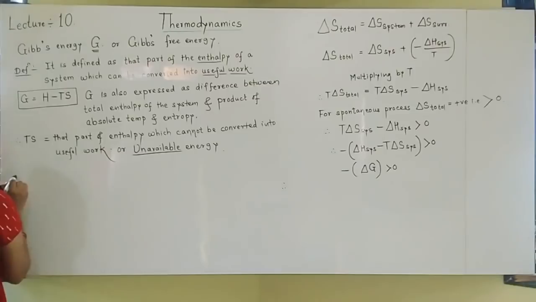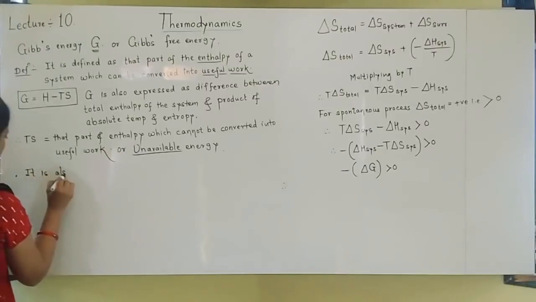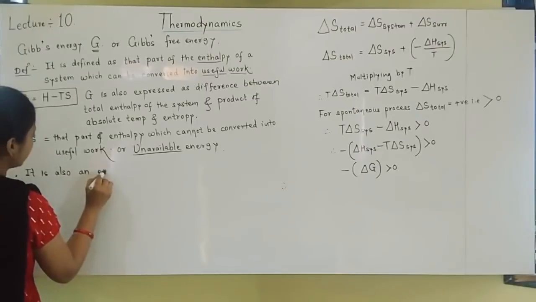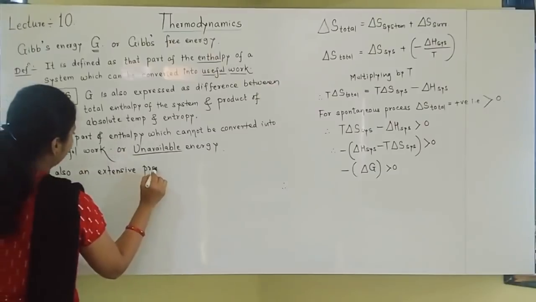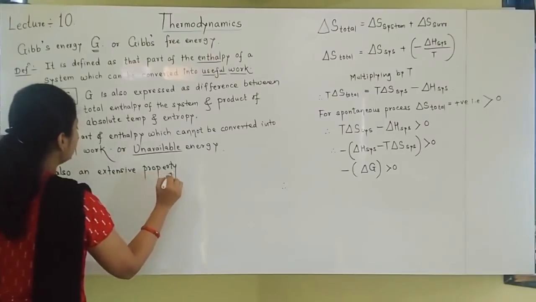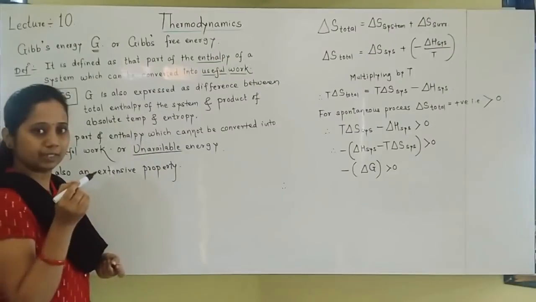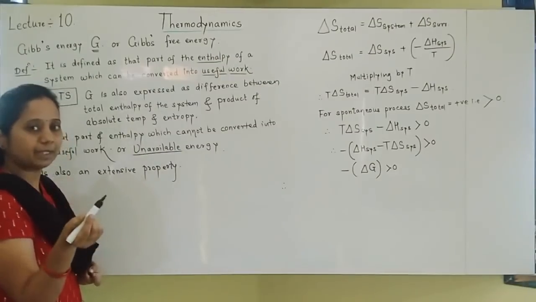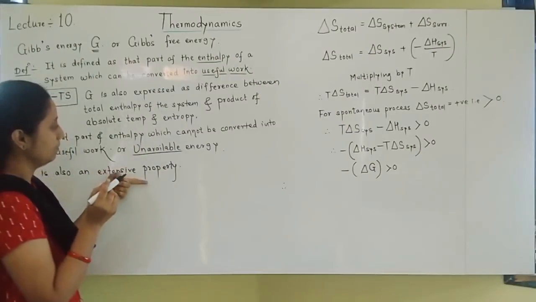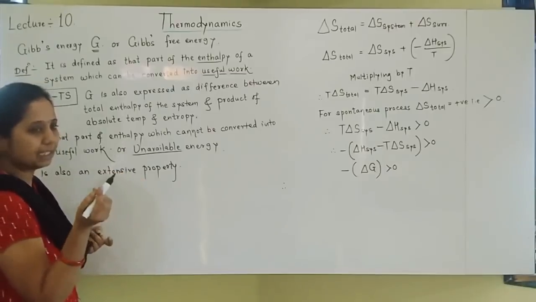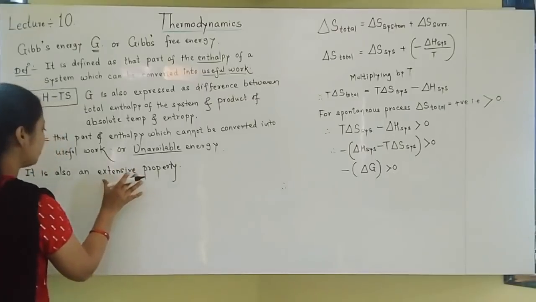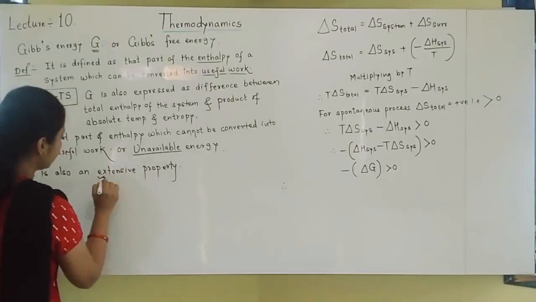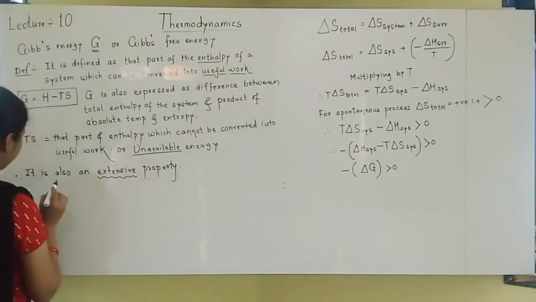Now remember that it is also an extensive property. Extensive property means it depends upon the amount or quantity of substance present in the system. Based on how much quantity is there, Gibbs energy changes. So it is called an extensive property.